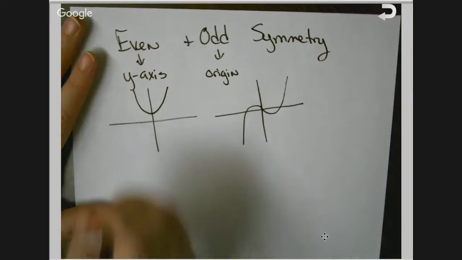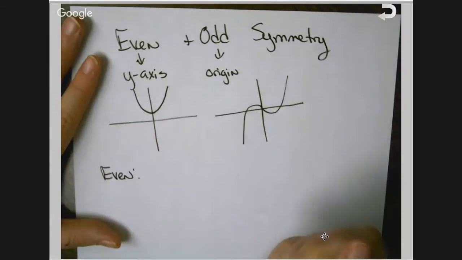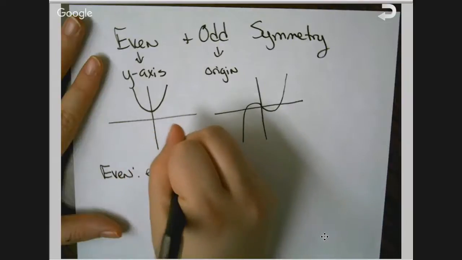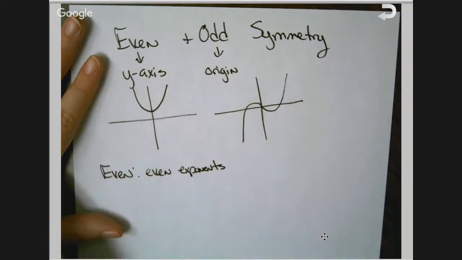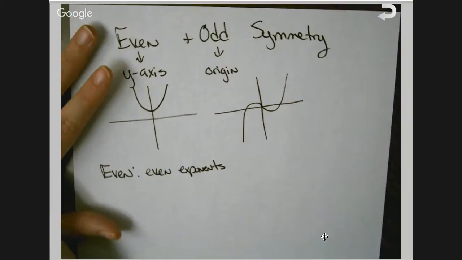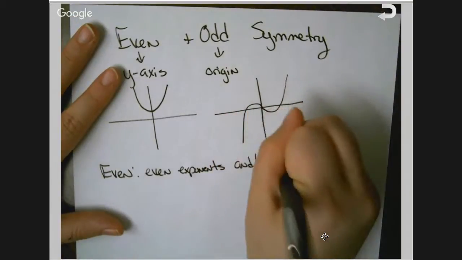So if it is even, the trick is just that it has all even exponents, and you can actually add a number at the end. Okay, and I'll show you why the trick works. So, and/or constants.